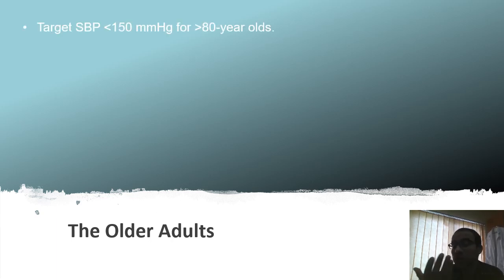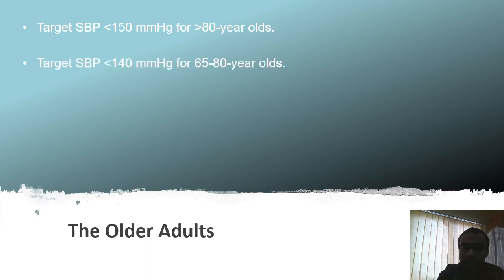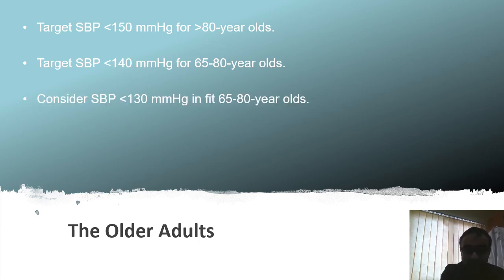We can see here that the target blood pressure in older adults will differ according to how old the elderly patient is. For example, for senior elderly patients more than 80 years, the target can be less than 150, while for the relatively younger population, 65 to 80 years, it can be less than 140. The fit patient from this category can be considered even for less.